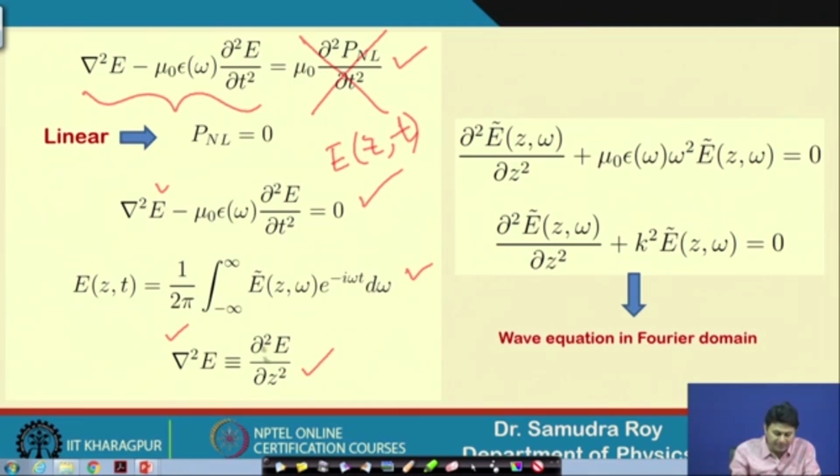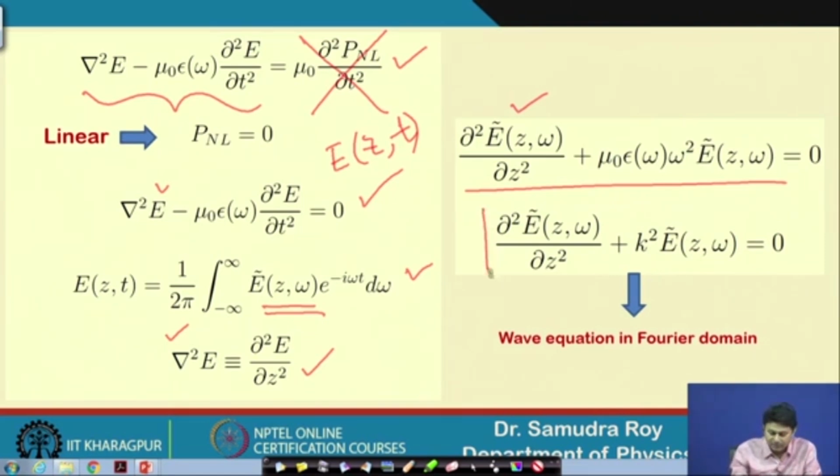So, if I replace this here, we find that this equation is now converted to a relatively straightforward equation, a homogeneous second order differential equation. But you should remember that since we are making a Fourier transform, instead of a time domain picture, we will now basically solve this in the frequency domain.